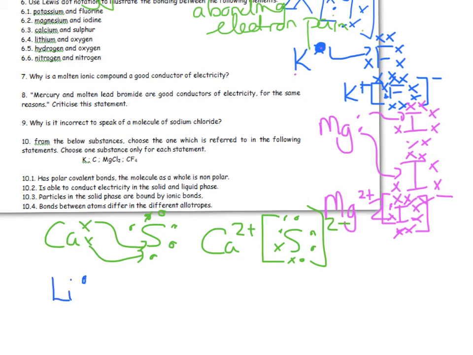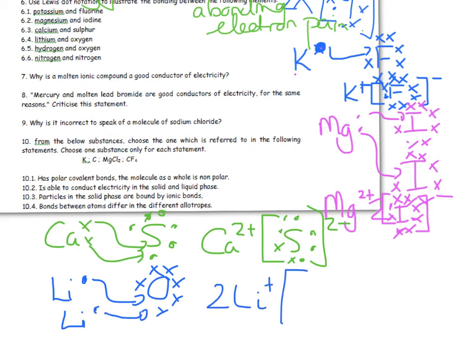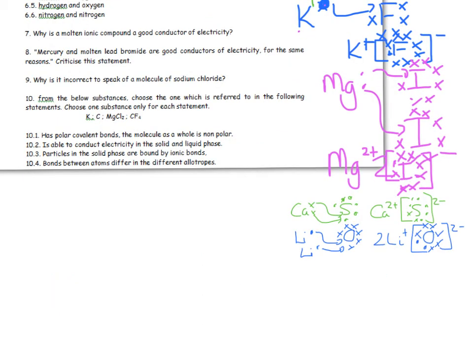Lithium has got 1 valence electron, oxygen has got 6. That 1 electron goes across. That one goes across. I'm left with 2 Li pluses and O2 minus. In all of those cases, you had a metal plus a nonmetal, so they were all ionic.